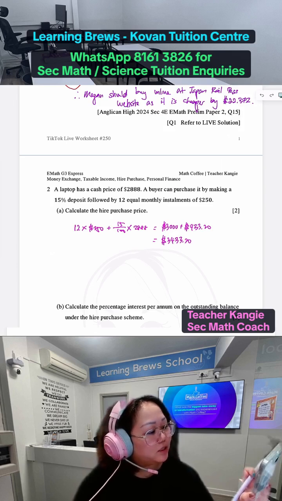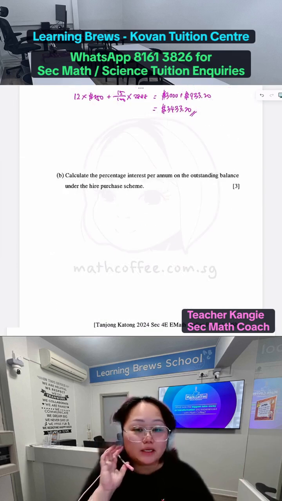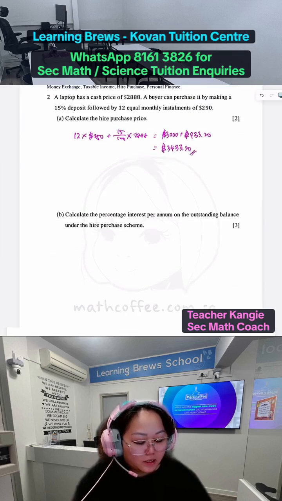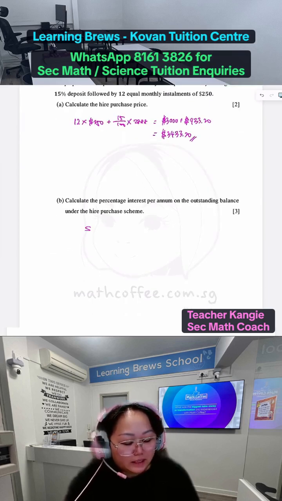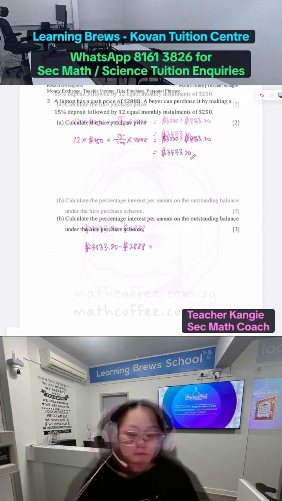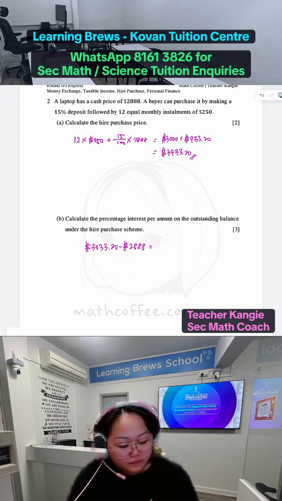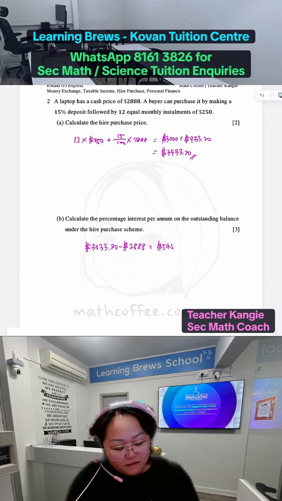Part B: calculate the percentage interest per annum on the outstanding balance under the hire purchase scheme. So let's find out the amount that exceeds. You take $3,433.20 and minus away 2,888, and I get $545.20.